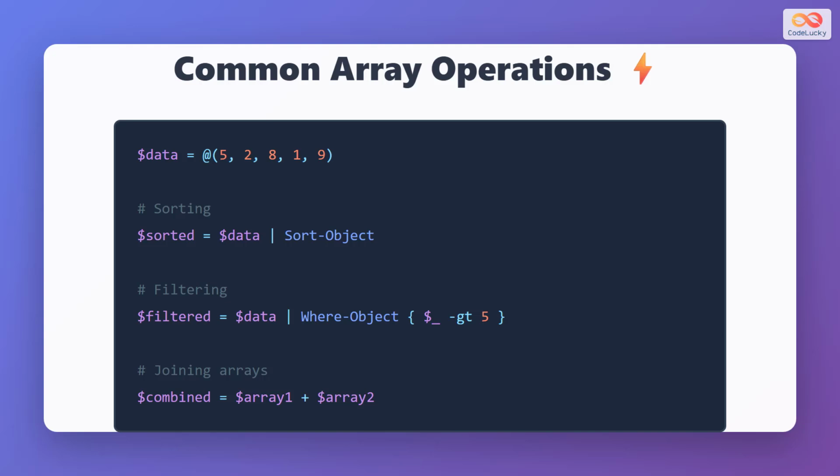For example, filtering data where items are greater than 5 would return 8 and 9. Third, joining arrays. You can combine two arrays using the plus operator. Writing $array1 + $array2 creates a new array containing all elements from both. These operations are fundamental building blocks for data manipulation in PowerShell scripts.